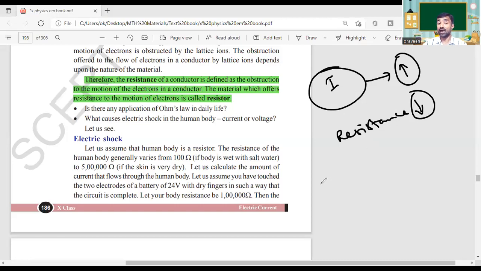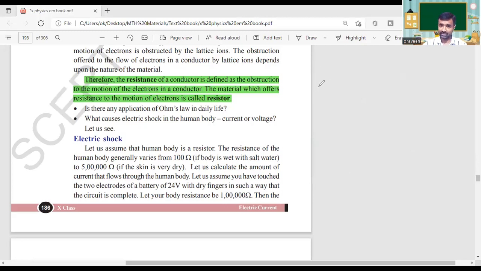Actually, current chooses the least resistance path. Always it chooses the path with the lowest resistance, so the least resistance path is chosen by the current once it is set to pass through your body.